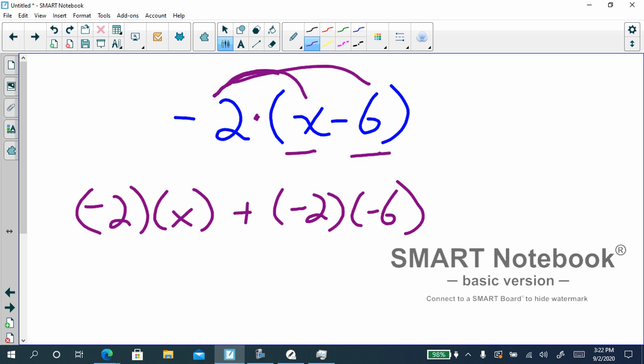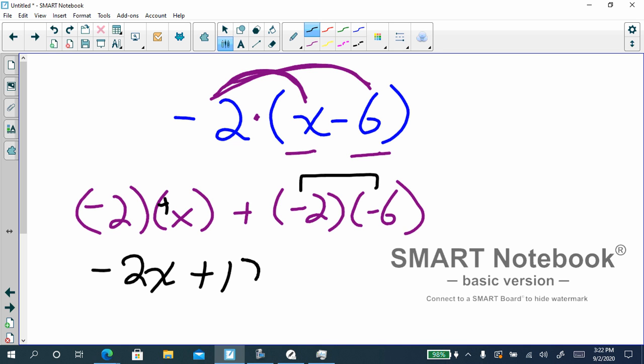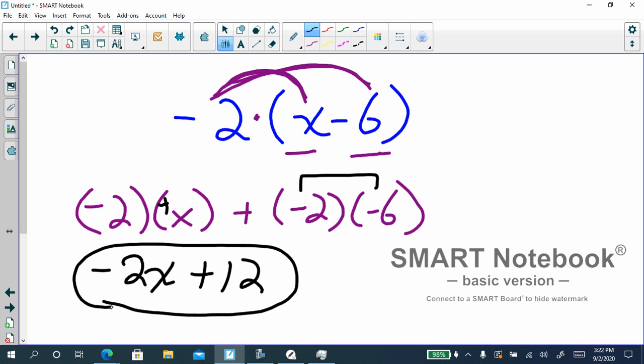So multiply these together, multiply those, and add them together. A negative times a positive is negative. 2 times x is 2x. Here we have a negative times a negative, which is positive. 2 times 6 is 12. And again, those are not like terms, so those don't combine.